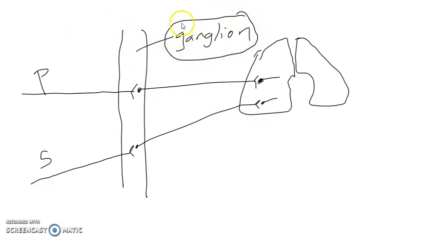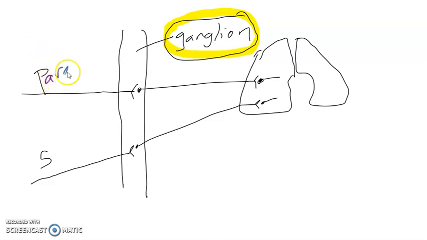When you act on the ganglion, it's going to be non-specific and the actions are going to cancel each other, because both the parasympathetic system and the sympathetic system will be activated.